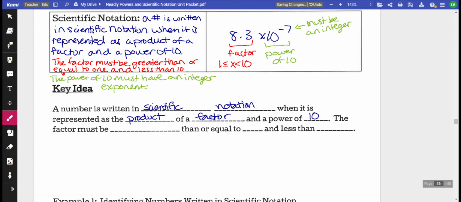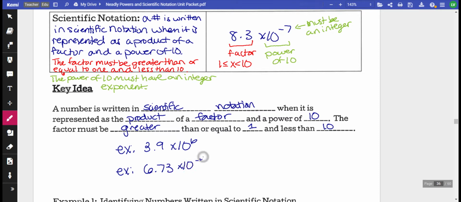The factor must be greater than or equal to 1 and less than 10. So to have some examples, 3 and 9/10 times 10 to the 6th power, or 6 and 73/100 times 10 to the negative 4th.